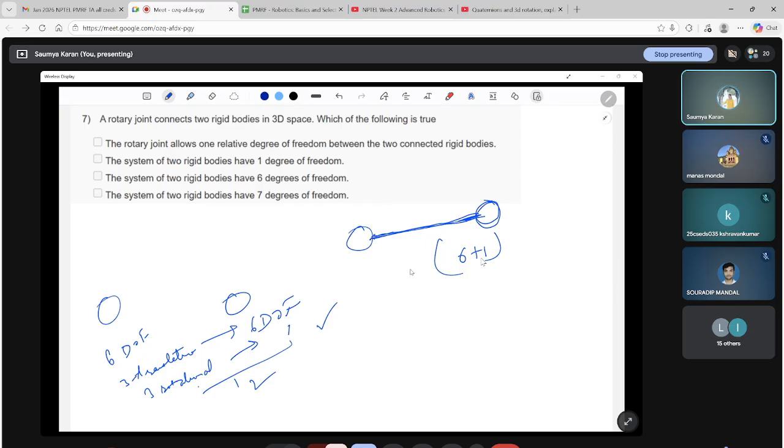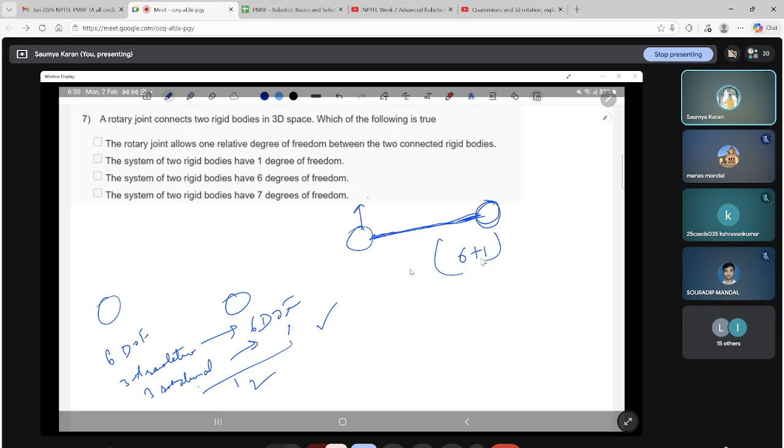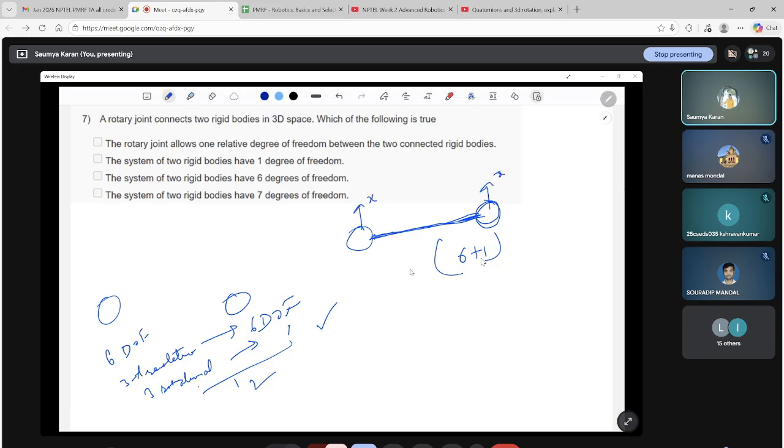So you are restricting the motion. Whatever x this has, this would also have that degree of freedom. For y also, for z also. But what are the constraints? You cannot have 3 relative translations, and you cannot have 2 relative rotations, right?